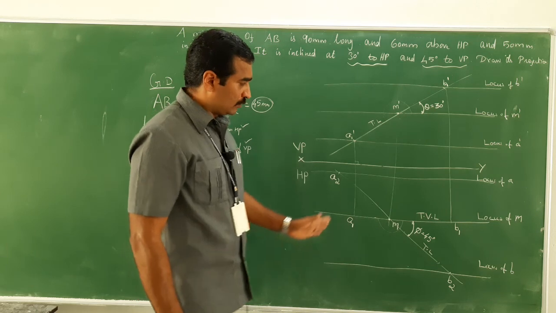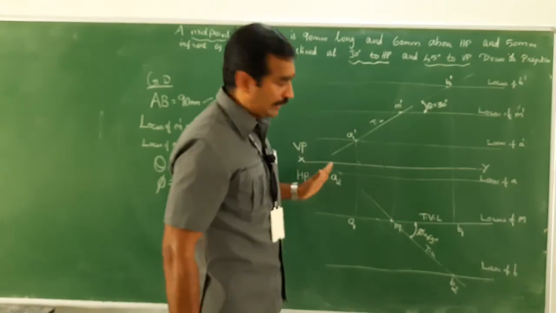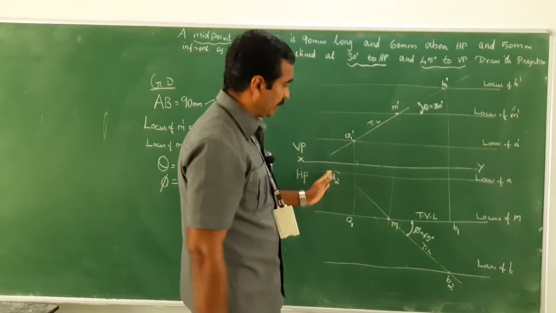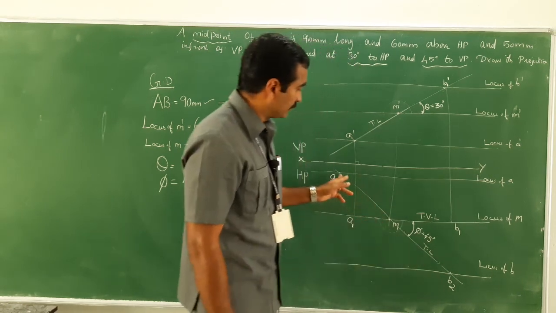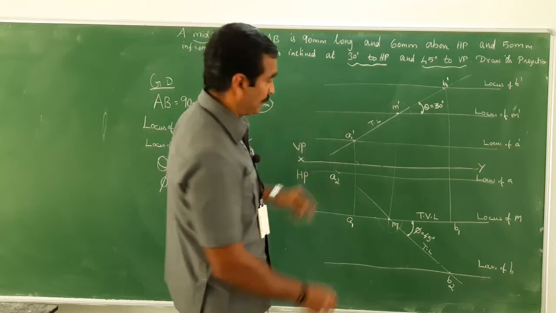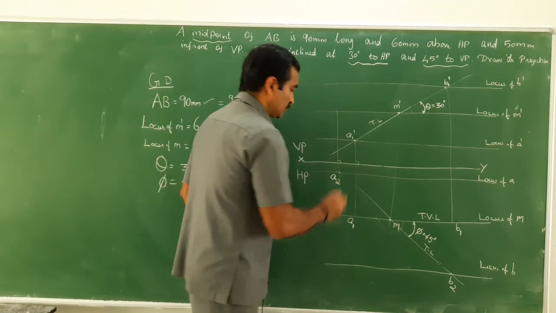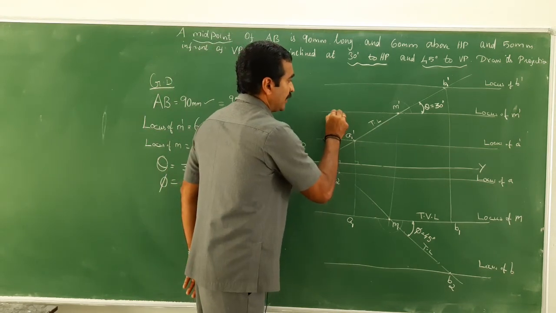Got it? Now, in the same manner I need to do the projection for the top view, the true length is there, right? From here, I need to do the projection till it intersects the locus of M dash. This also should be perpendicular to the reference line. So A2 becomes A2 dash.